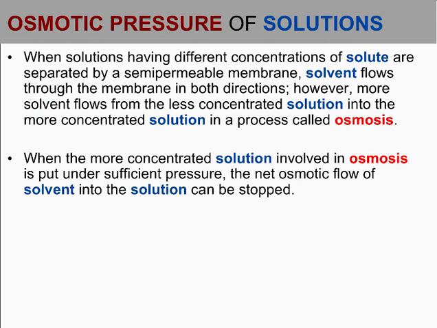So when solutions that have different concentrations of solute are separated by a semi-permeable membrane, solvent will flow through the membrane in both directions. This is very similar to a cell. A cell membrane is semi-permeable, so things can pass through it, but it depends on their size.